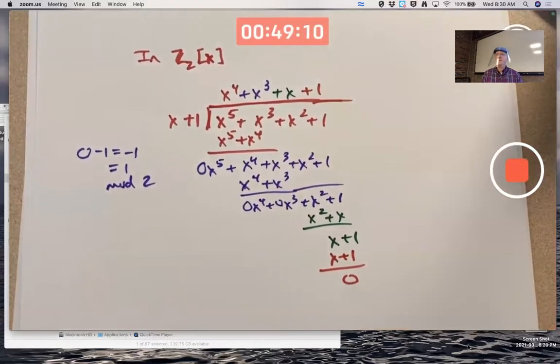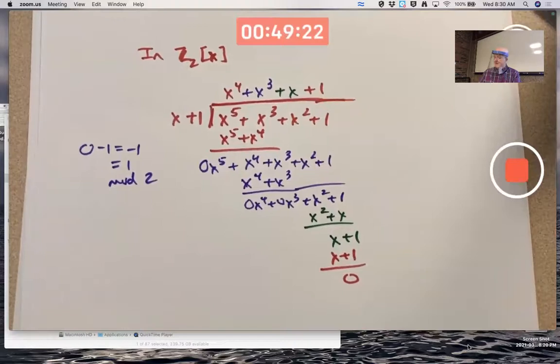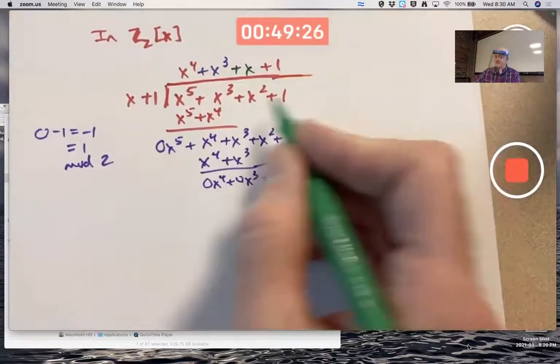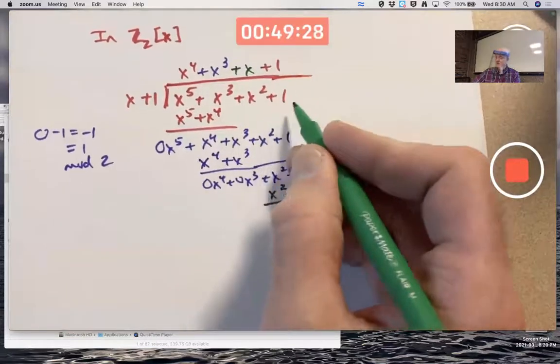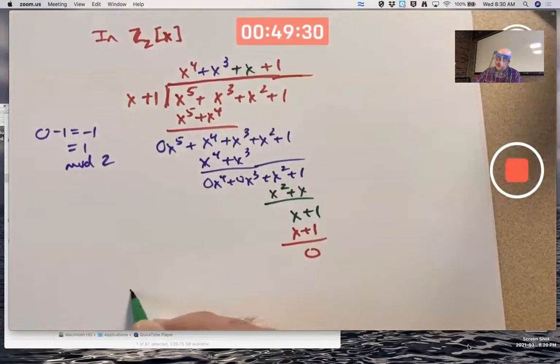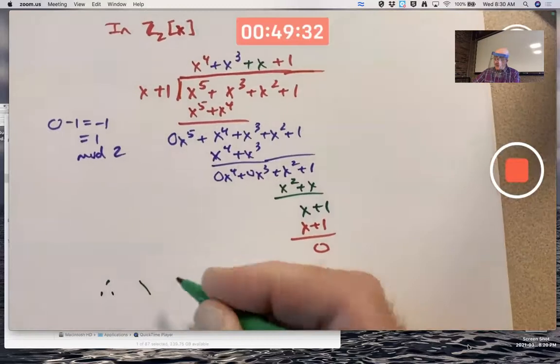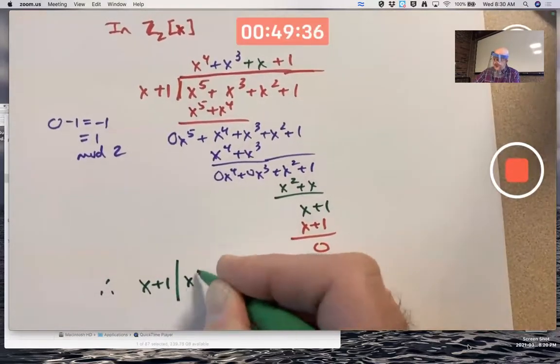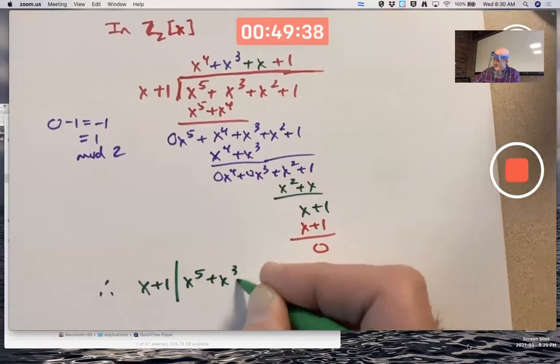And if you think about it, the remainder either had to be just 0 or 1, nothing else, right? Mod 2. And the fact that it's 0 means that really x plus 1 divides x to the 5th plus x cubed plus x squared plus 1. I could even write something like this. I could say, therefore, x plus 1 divides x to the 5th plus x cubed plus x squared plus 1.